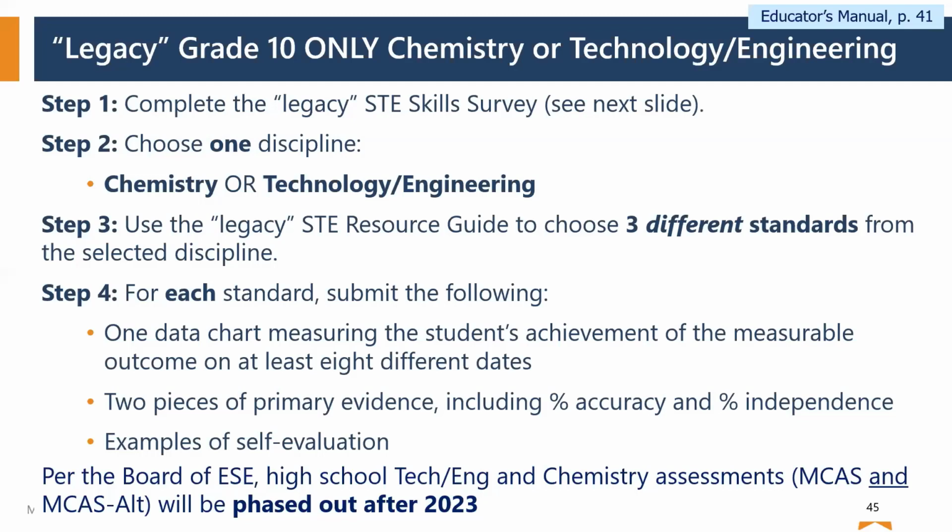You're obviously going to do your skill survey. You're going to choose 3 different strands from that discipline. And then it's going to be like what we talked about at the core: one data chart that measures the students' achievements based on the measurable outcome on at least 8 different dates. You're going to give us 2 pieces of primary evidence that includes accuracy, independence and self-evaluation.